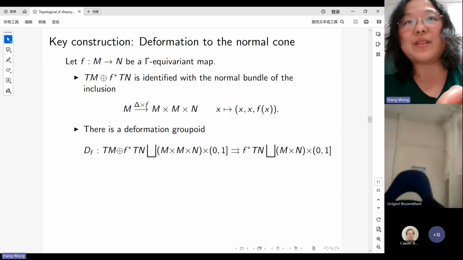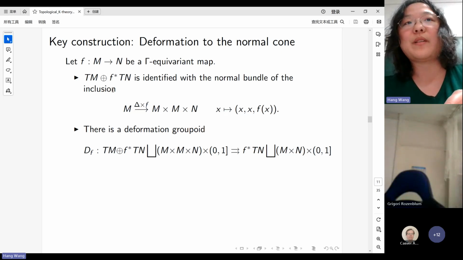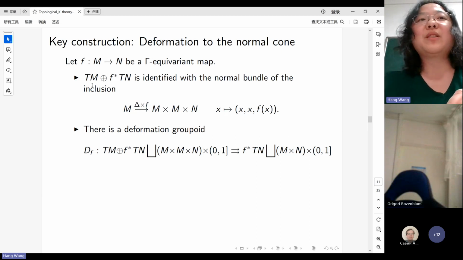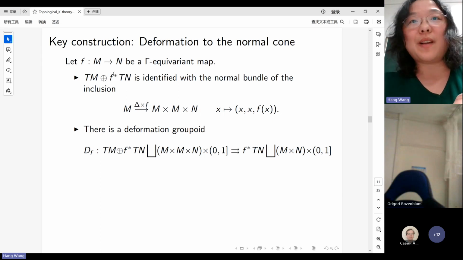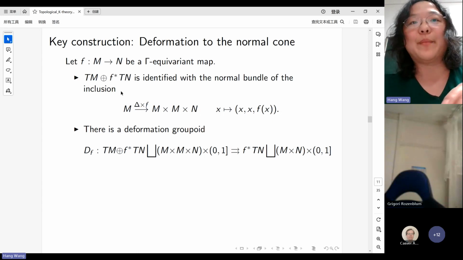Under this inclusion map, there is a normal bundle associated to this inclusion. The normal bundle is simply the tangent bundle of M, direct sum with the pullback of the tangent bundle of N. This is a vector bundle, which can be regarded as a vector bundle over M.